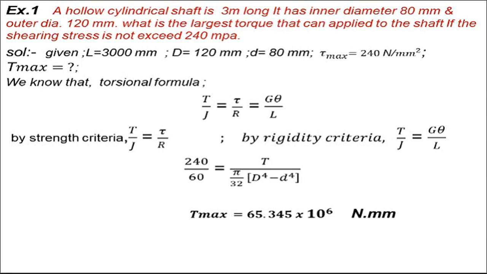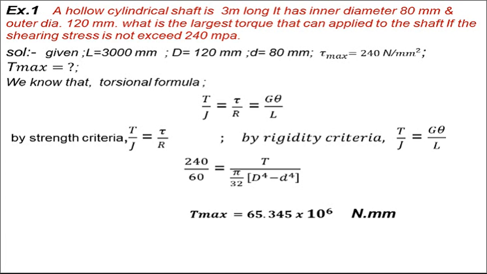We can divide this total equation into two criteria. One is the strength criterion, another is the rigidity criterion. Both of these criteria should be satisfied by the shaft once the torsional moment is applied.